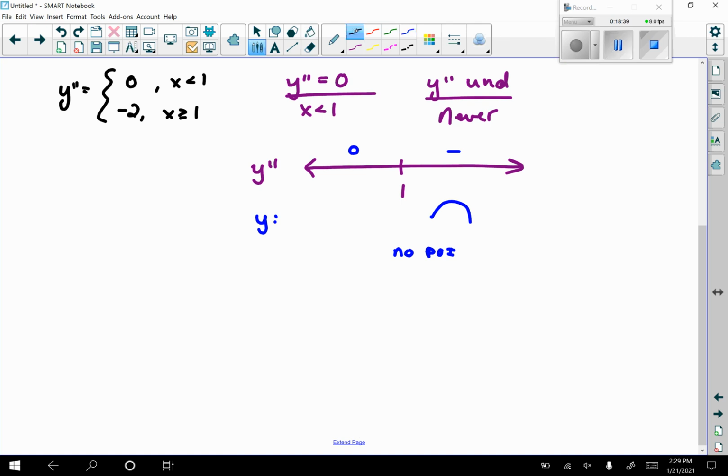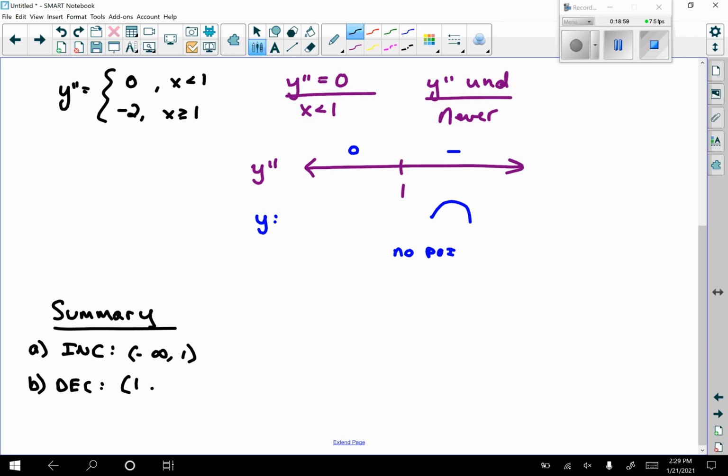All right, so we can go ahead and write out our summary. For increasing, we know our function is increasing from negative infinity to 1, decreasing from 1 to infinity, concave up never, or there's no interval with that, concave down from 1 to infinity, no extrema.